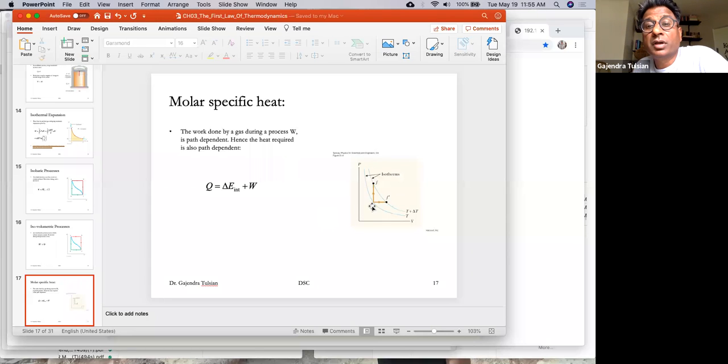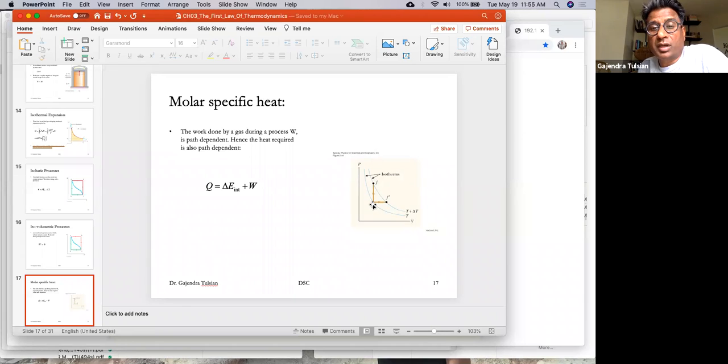So here is an isovolumetric process. These blue lines are isotherms. There's the temperature, and there's a higher temperature. You're heating the gas, so you're going from a lower temperature to a higher temperature. This is a constant volume process. This is a constant pressure process. The heat added during this process was less because no work was done.